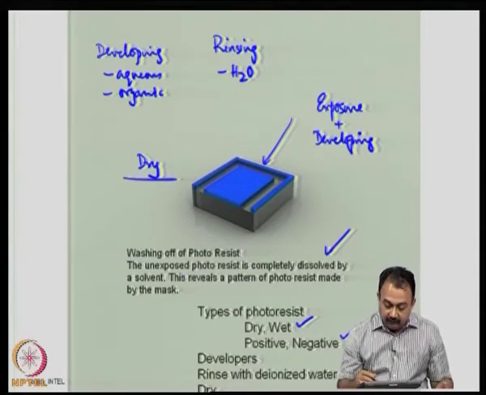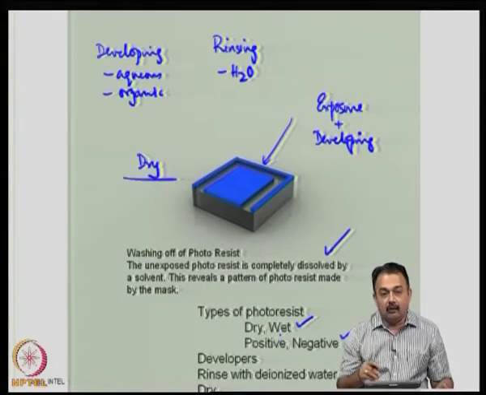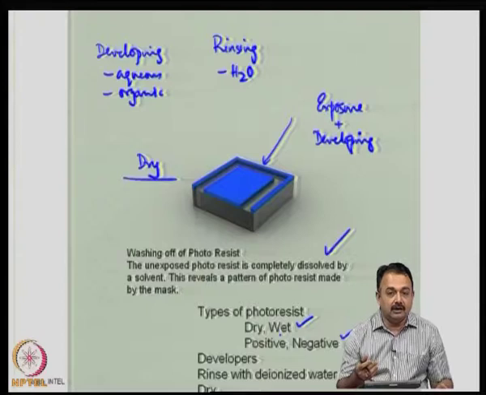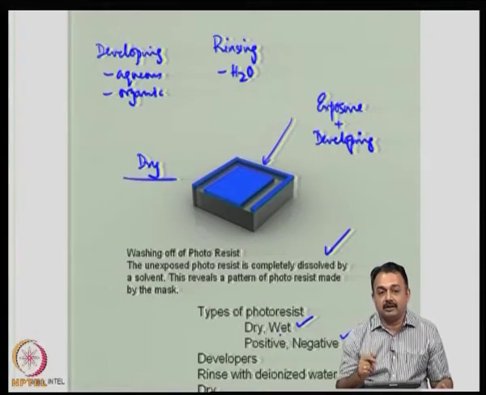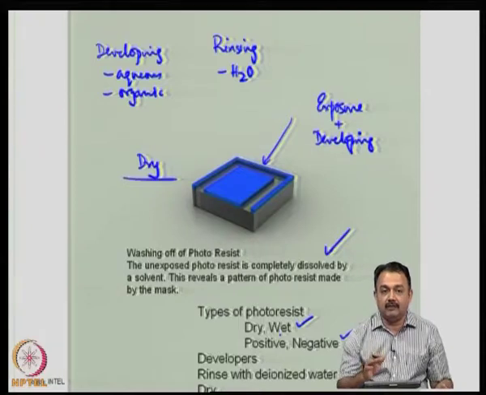Okay. Therefore, we will talk about what kind of mask you will have to use when you use a positive photoresist and what type of mask you will have to use when you use a negative photoresist. The mask is not identical for each of the resists, because the developing process is dissimilar.